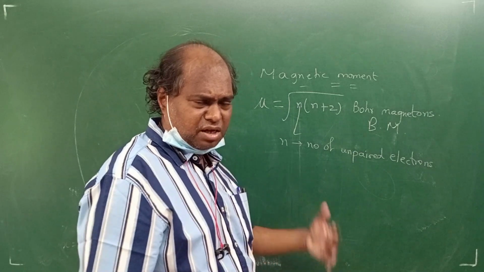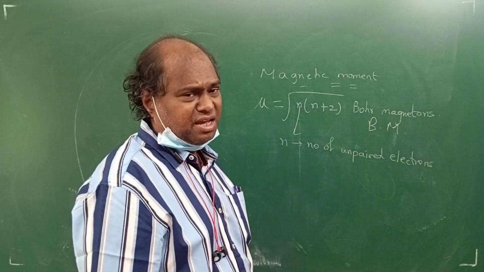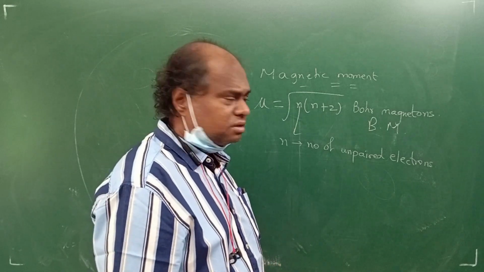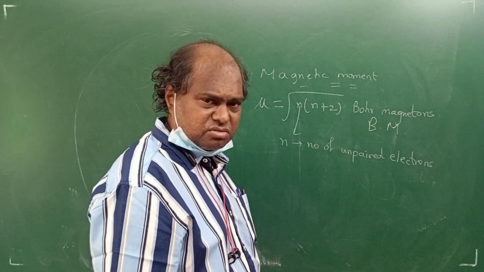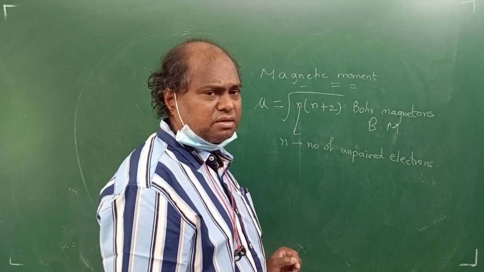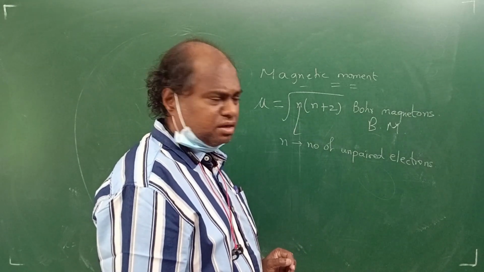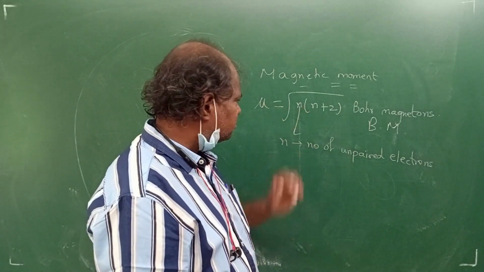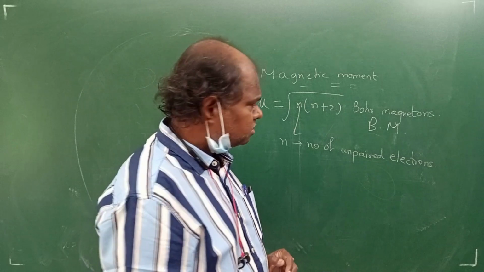In Tamil we call it Gandham. Iron is a magnet, right? So to be a magnet, very important, you should have unpaired electrons. Sir might have explained why you require unpaired electrons. But the more the number of unpaired electrons, listen here, the more is the mu. So this is a formula you remember, right?